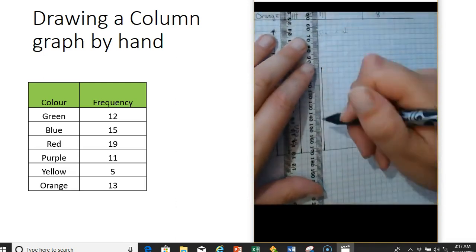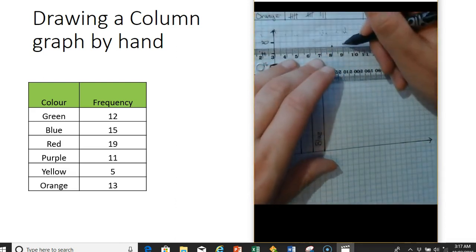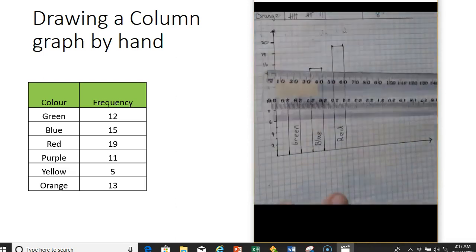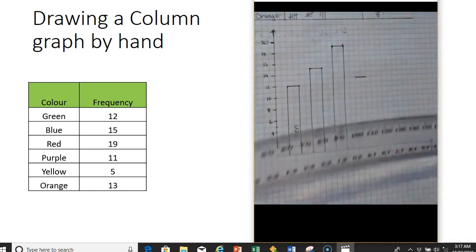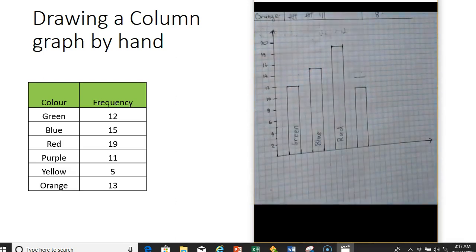Then we measure out the next columns. It's also a good thing to note that this column graph has been done in an erasable pencil, which means when I made a mistake while doing it, I could rub it out.